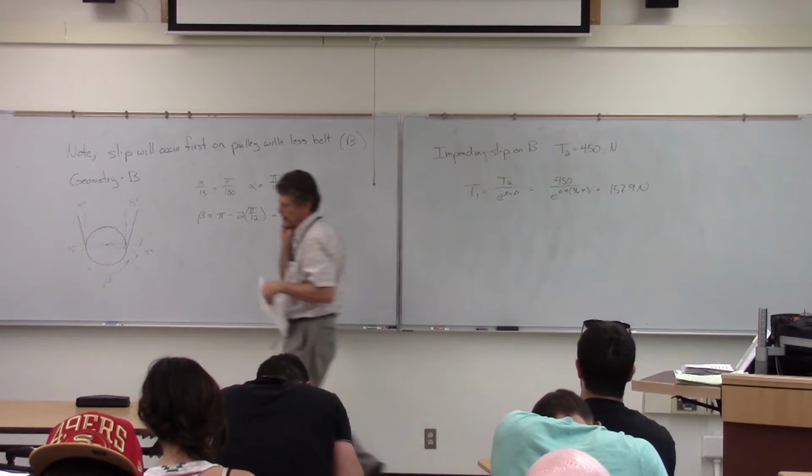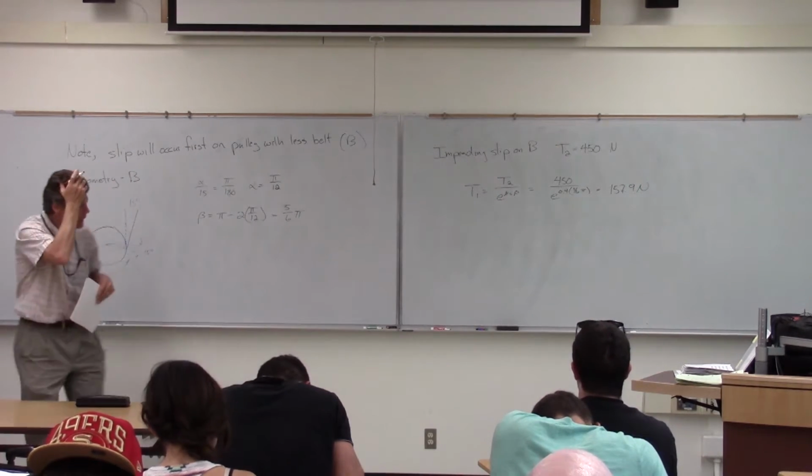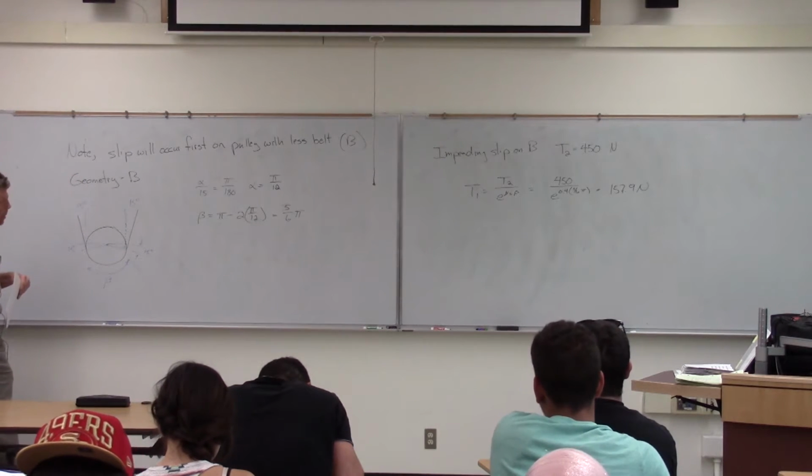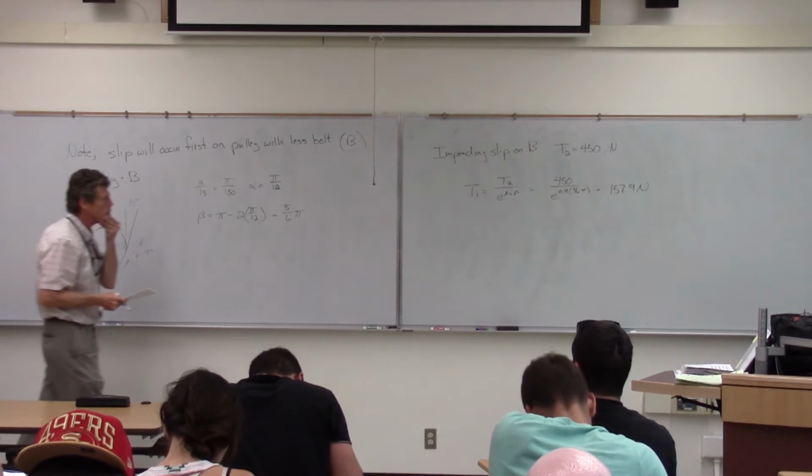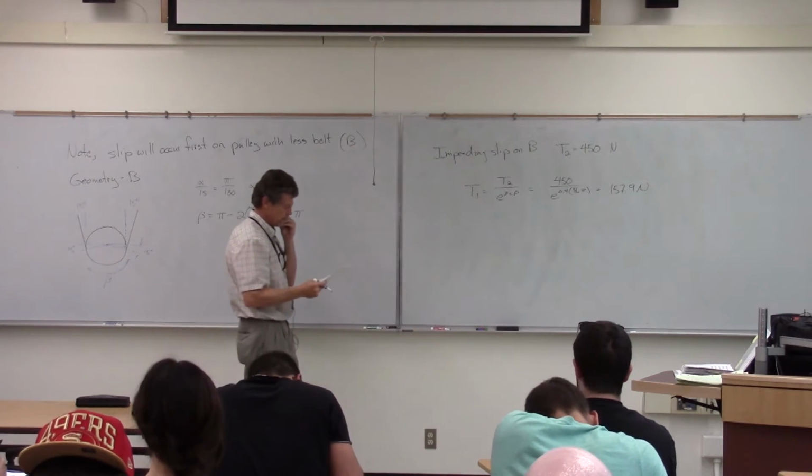And then we go through and calculate the smaller end, or the less force end of the belt there. That T1 will be about 158.